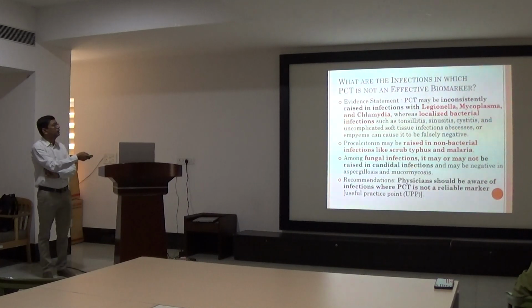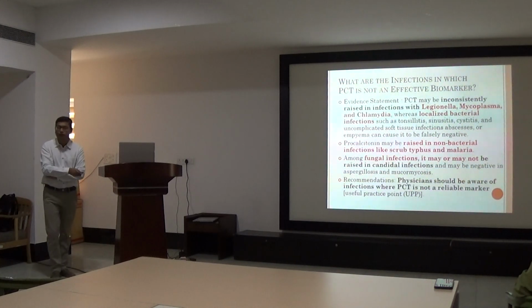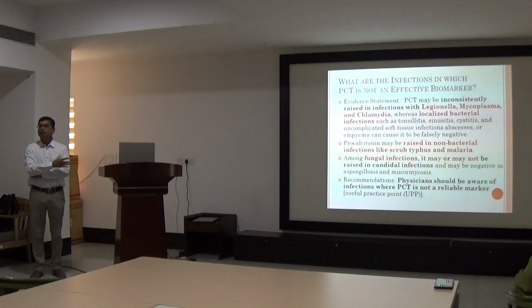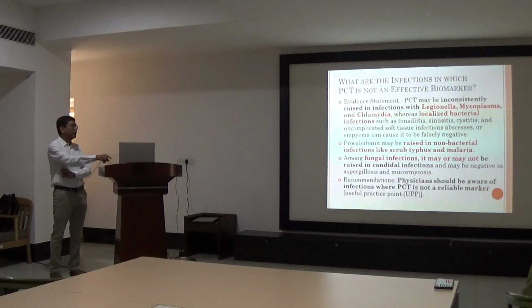This is the subset in which you always confuse with viral, with COVID, with H1N1, and atypical bacterial infection. In all cases, PCT will be negative, CRP is around 30 to 60, but the patient has typical respiratory issues with hypoxia, impending ARDS or something. So, this is the catch point. You have to look for Legionella, Mycoplasma, and Chlamydia.